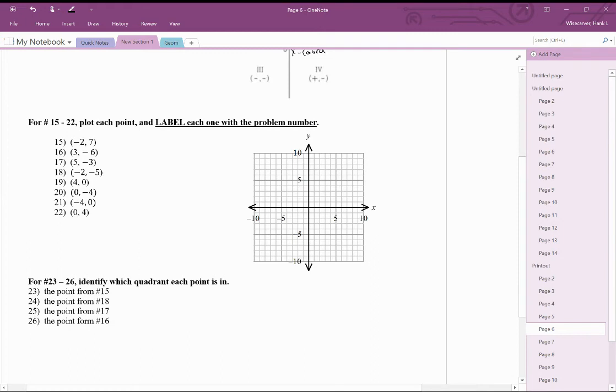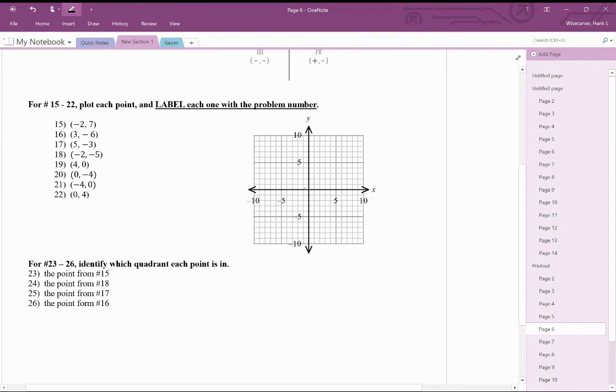So my first point, negative 2, 7, we're going to go left 1, 2, and then up 1, 2, 3, 4, 5, 6, 7. So there is 15. Number 16 is 1, 2, 3, and then down 1, 2, 3, 4, 5, 6.